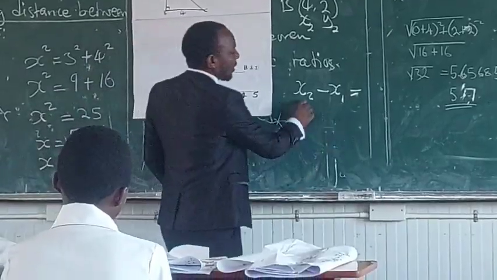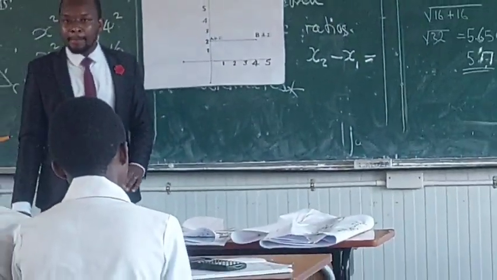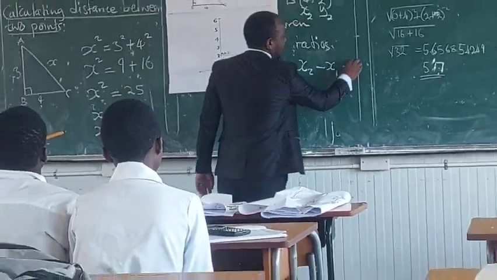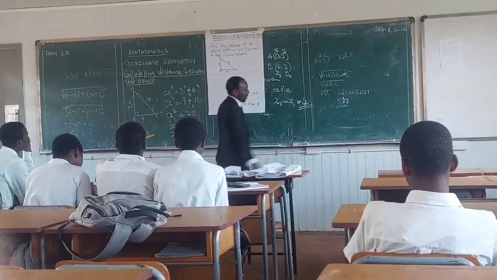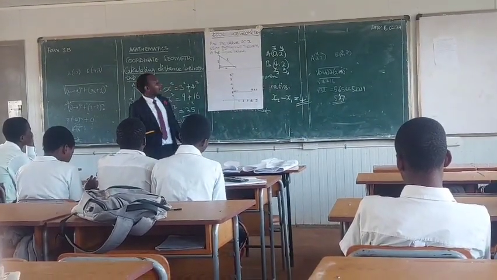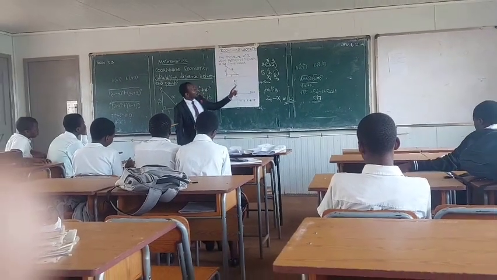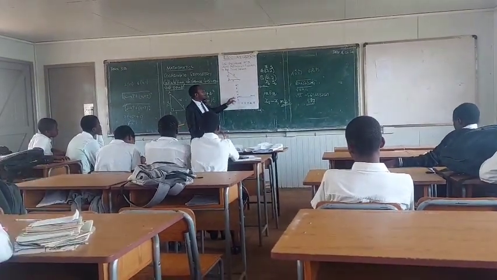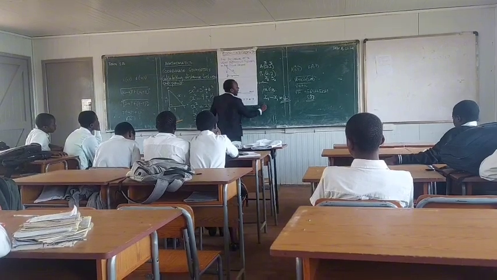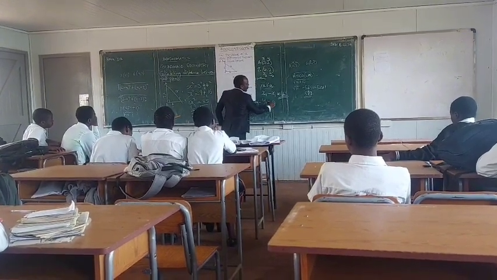So the distance AB, if you say x2 minus x1, the answer here is 4. Are we together? The same you can use to get the distance of y: y2 minus y1.